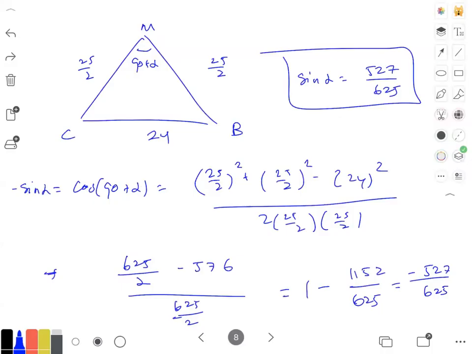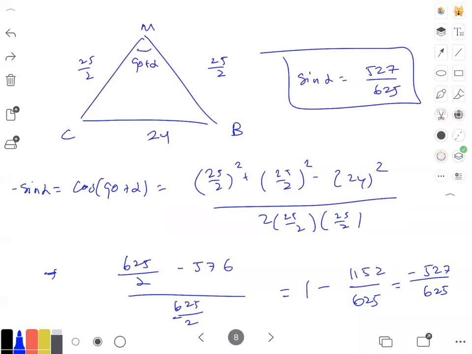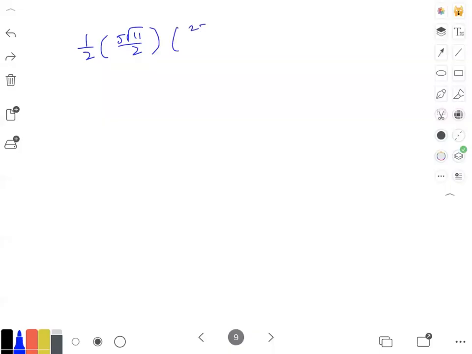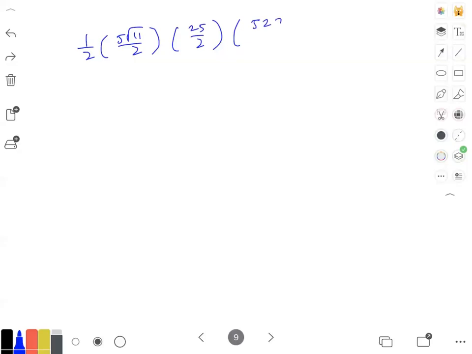So let's go. We have 1/2 times 5 root 11 over 2, which is what we calculated as MD, times CM, which is 25 over 2 because it's a circumradius, and then sine alpha. What was sine alpha? Sine alpha is 527 over 625. All right, so nice stuff happens. 625 will go by 5.